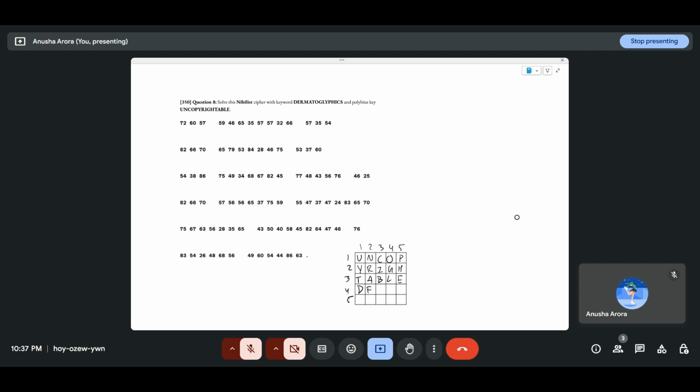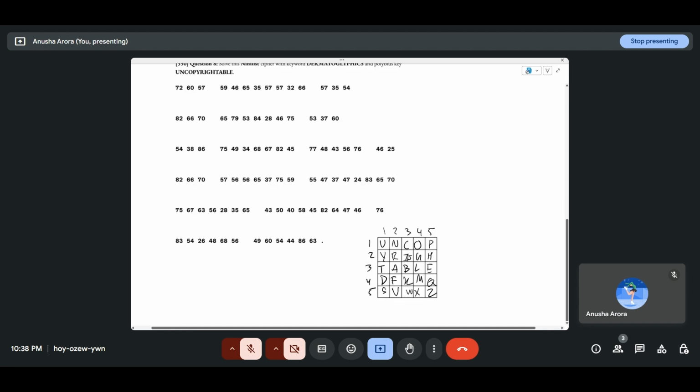I, J, K, L, M, N, O, P, Q, R, S, T, U, V, W, X, Y, and Z. Okay, so that's just going to be your Polybius key.